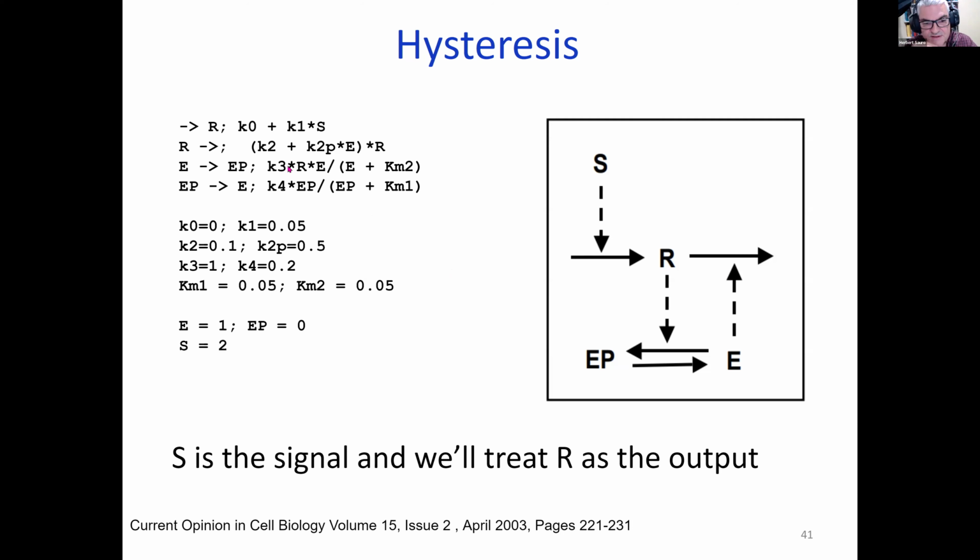Somebody asks, what's causing activation? Well, in this case, the model is very simple. We don't know actually how the activation is occurring, but the way it's modeled in the equation is just that there's a second rate component on the first reaction, for example. So there's a basal rate of K0, and then there's this extra bit that's added on, and that's a function of S. So mathematically, all that's happening is if S goes up, this bit goes up, and therefore it increases the rate, and therefore it acts as an activator.